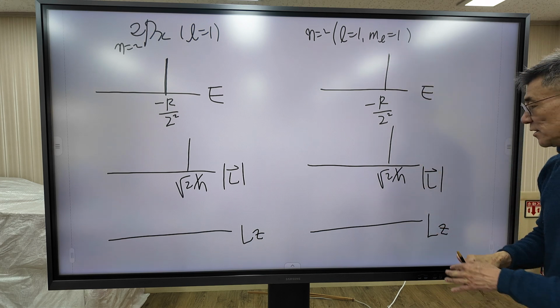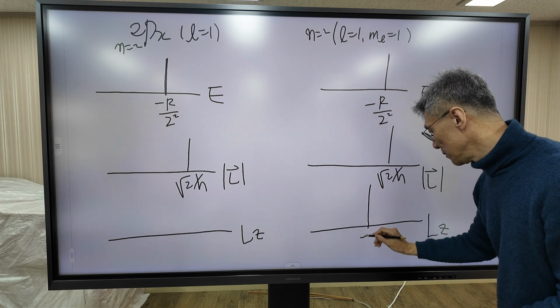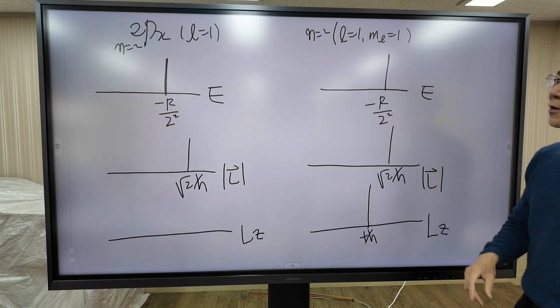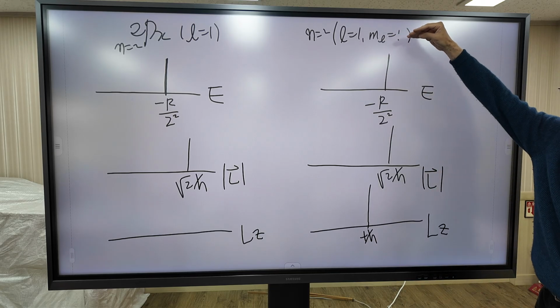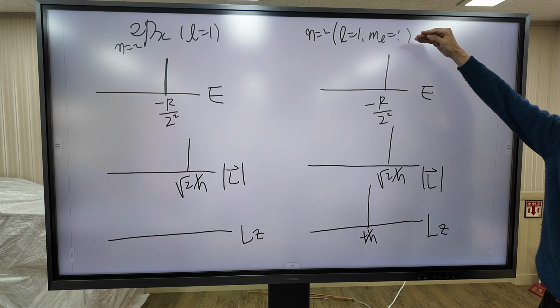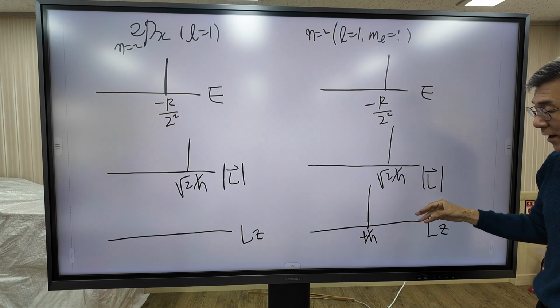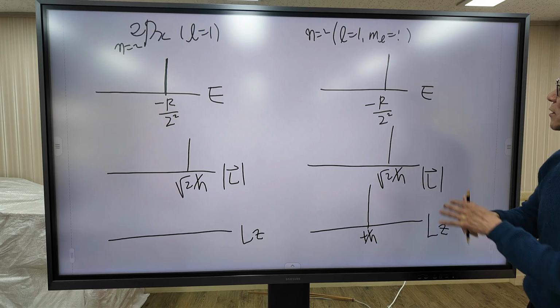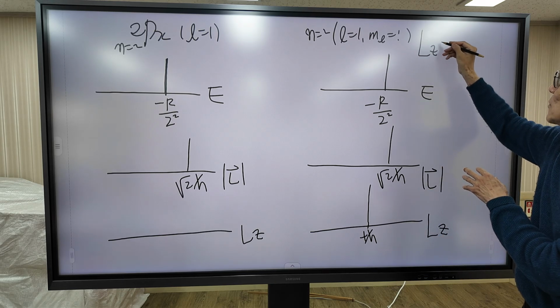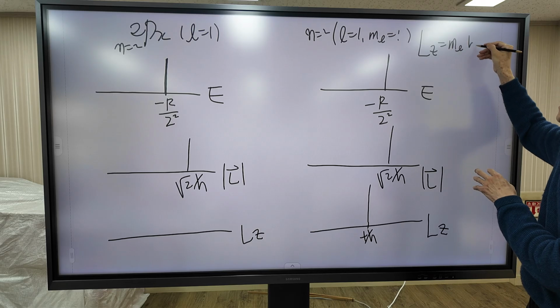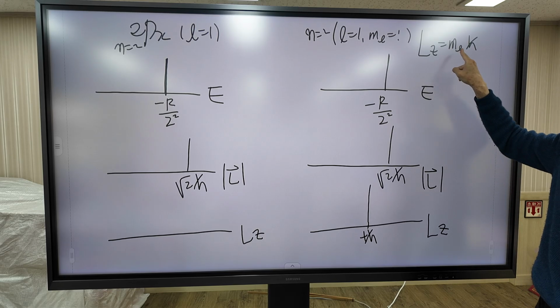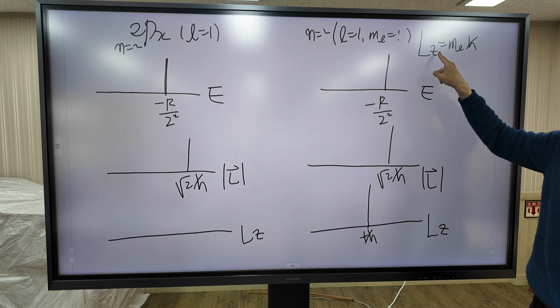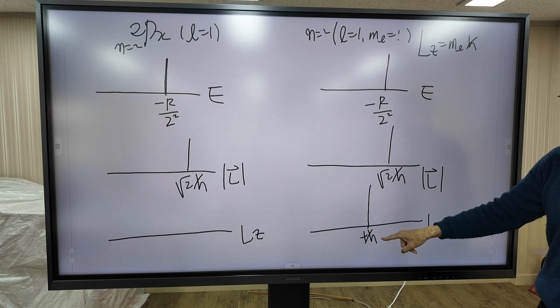In this case, Lz is plus h bar. So when the electron is in this orbital, you obtain a consistent result of the measurement. You always obtain plus h bar because Lz equals ml h bar. If ml is defined, Lz is defined. You always obtain plus h bar.